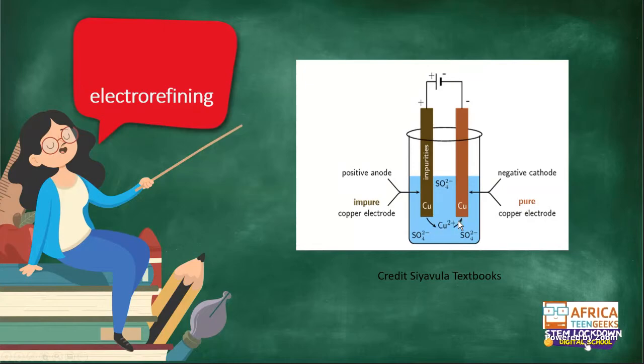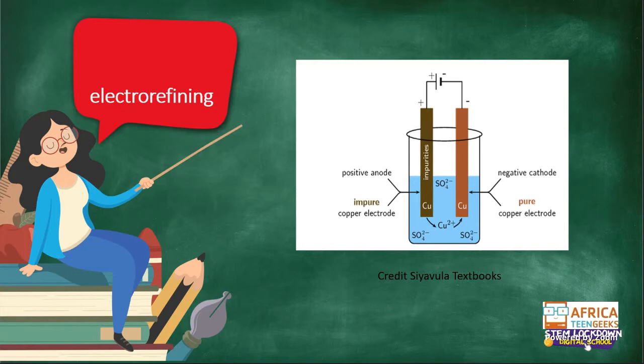That ion then moves to the other electrode, which has the pure copper on it. When the electrons get to the pure copper side, this copper 2+ ion takes up those electrons and sits as a precipitate on the pure copper. So the impure electrode will get thinner and thinner, and the pure one will get thicker and thicker. Then you would take out that pure copper, heat it up, and make it whatever you want to make it.